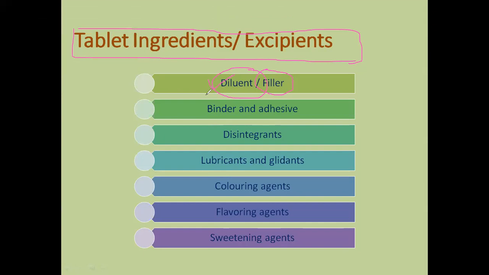This is done by an agent which will give bulk to the tablet formulation. So normally when the dose is very low, we use diluents, and these will give bulk to the tablet formulation. They are also known as fillers.